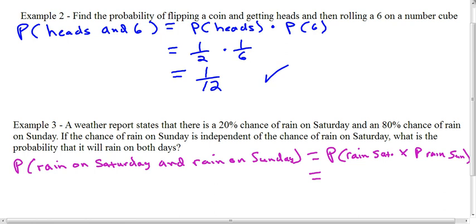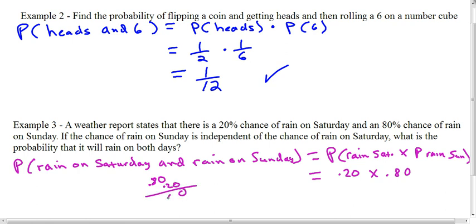So here we are looking at a 20% chance on Saturday. So we have 0.20 times 0.80. I turn those percents into decimals, and I'm going to go here on the side and take 0.80 times 0.20.